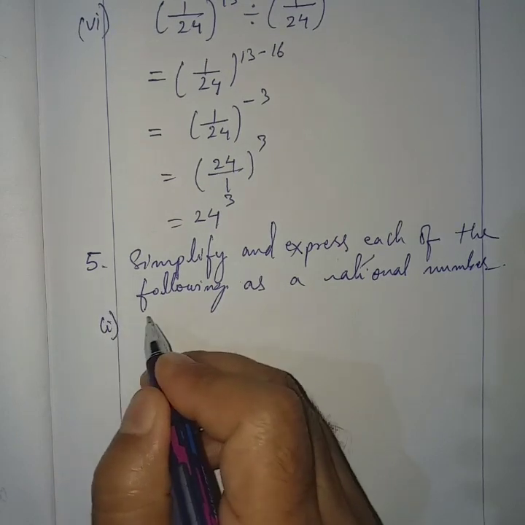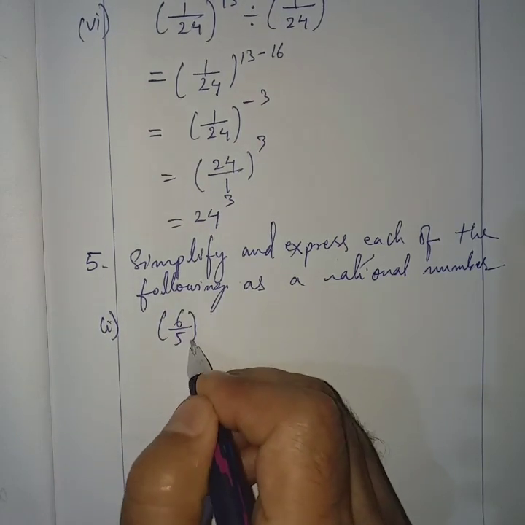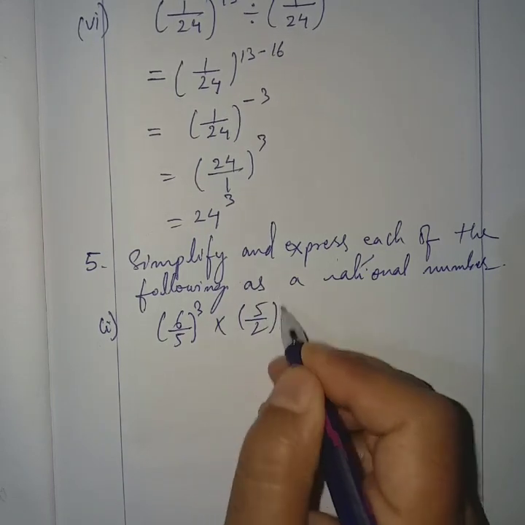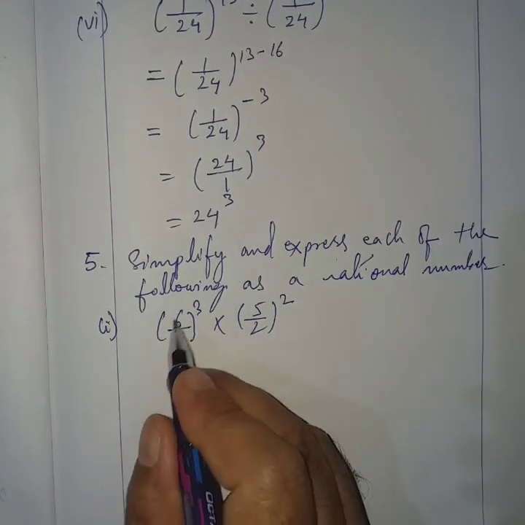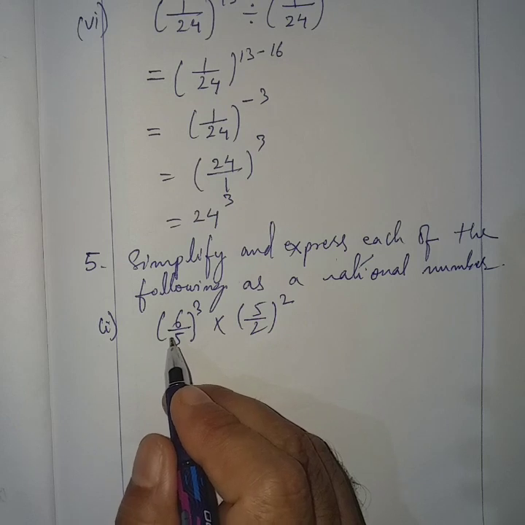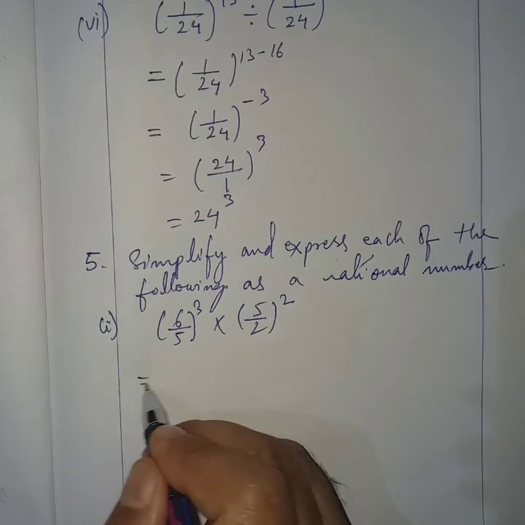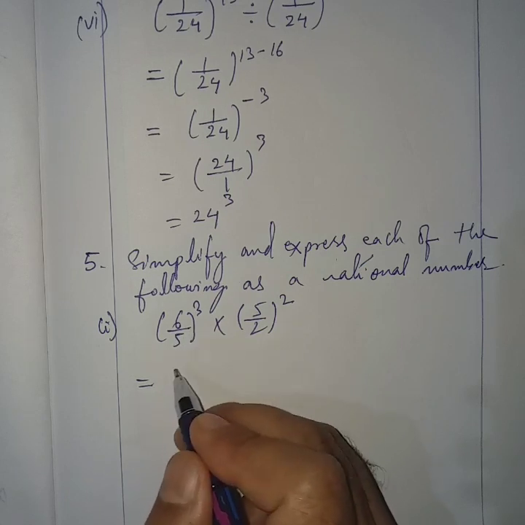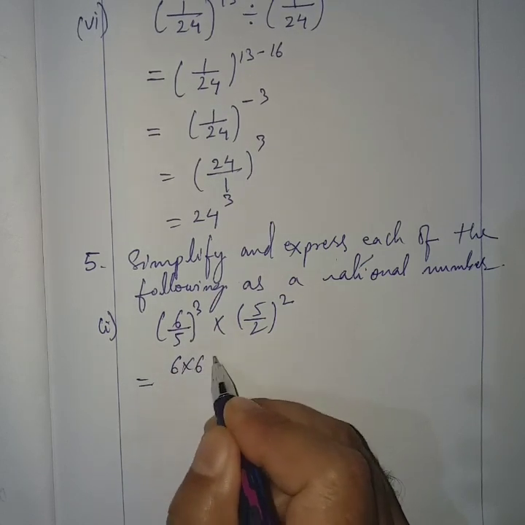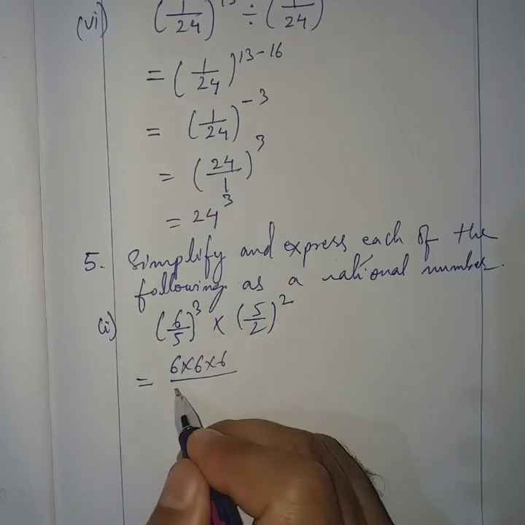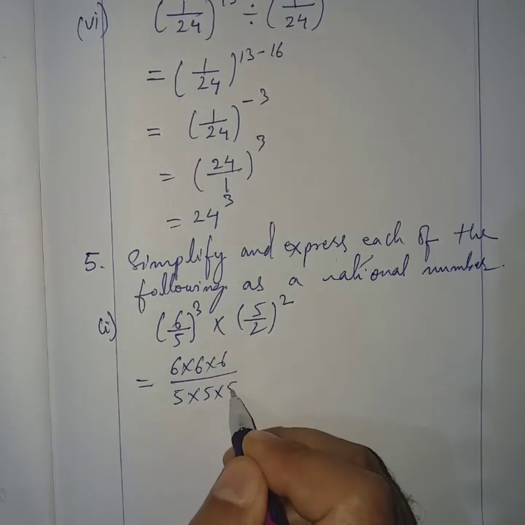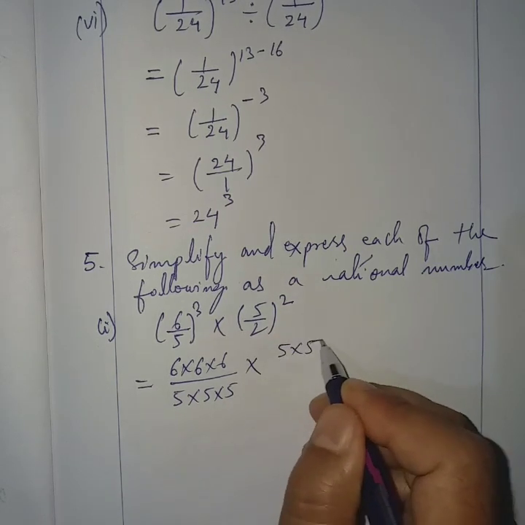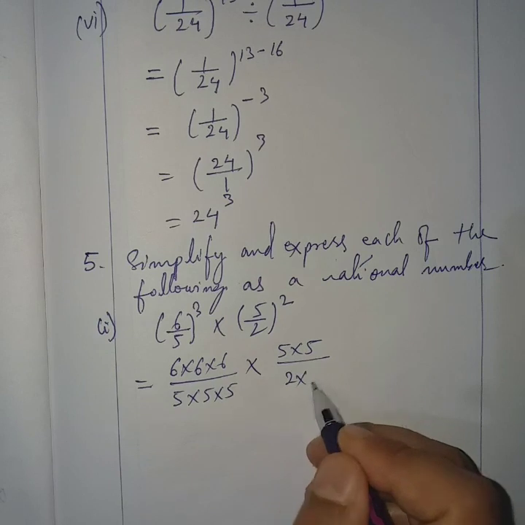Question number 1, 6 by 5 cube into 5 by 2 square. Okay, so this we can write in expanded form. Okay, we can expand it. 6 to the power cube means 6 into 6 into 6. 5 to the power cube means 5 into 5 into 5, and 5 square means 5 into 5, and 2 square means 2 into 2.